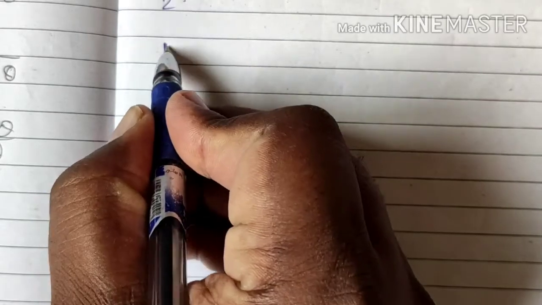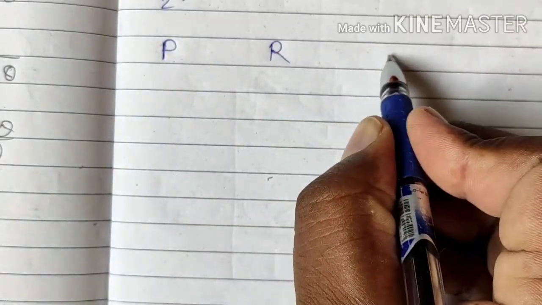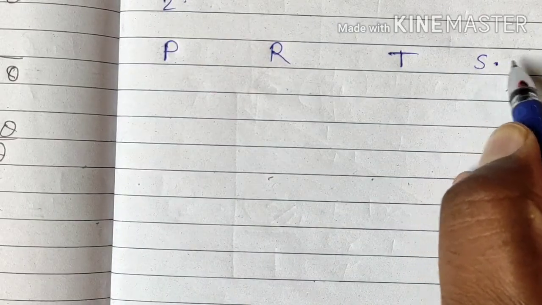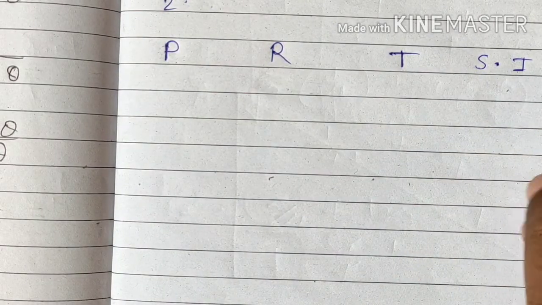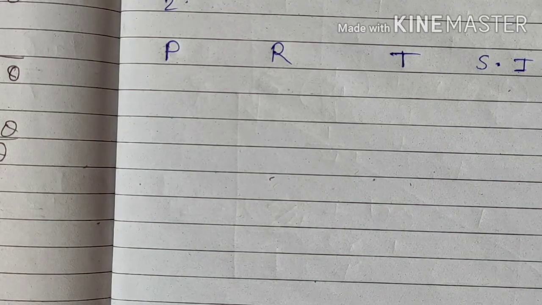Let us take one example here. For example, principal, rate of interest, time, simple interest, compound interest, and the amount.